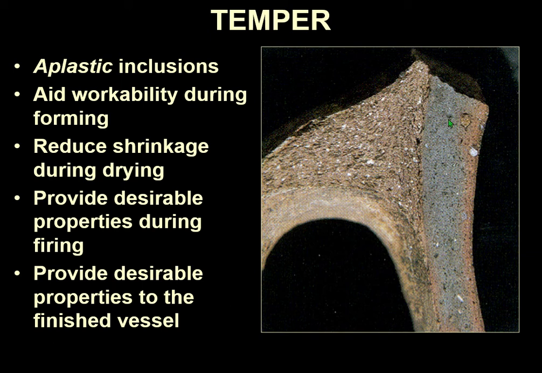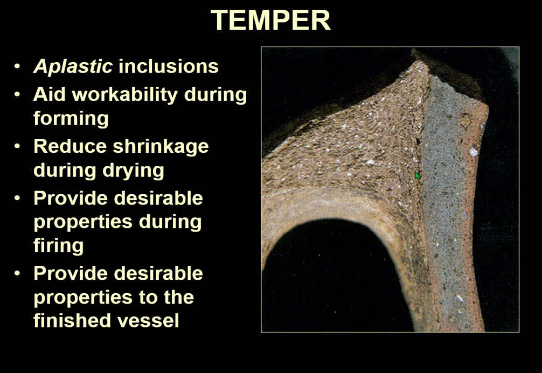They would have made this vessel and let it dry, and because they're having sort of a mass production sequence going on, sometime later they would come and apply the handles when this is dried somewhat. And if this had the same amount of aplastic inclusions, these would shrink so much they would fall off.